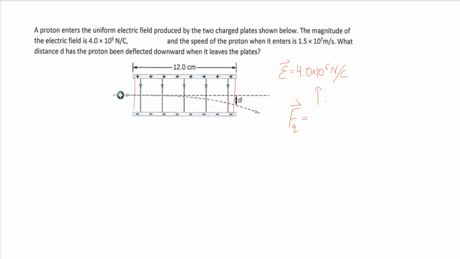The number of? Yeah. So this is just Q, the charge that's experiencing it, times the field that it's experiencing. Yeah, that's one of your formulas, right? Okay. So then, where do we go from there?